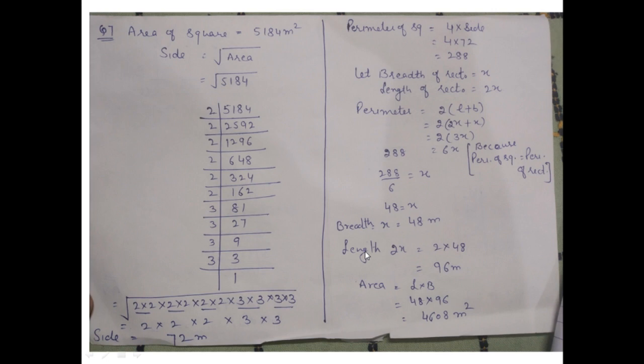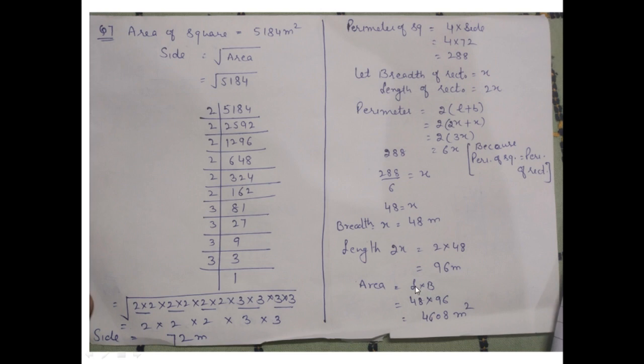Now find the length. What will you do? You will multiply 2 with x. x is 48. When you multiply it, you will get 96 meter. So your last part, in which you have to find the area of the rectangle, the formula is length into breadth.